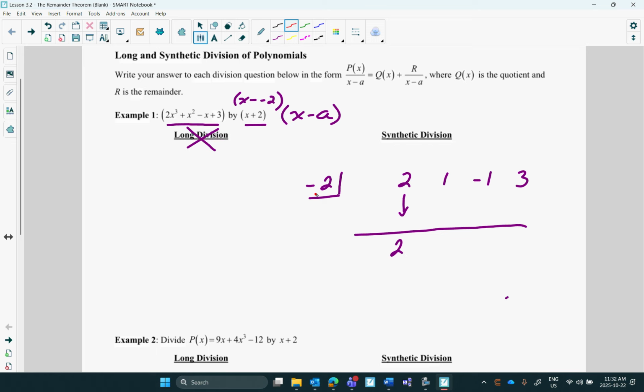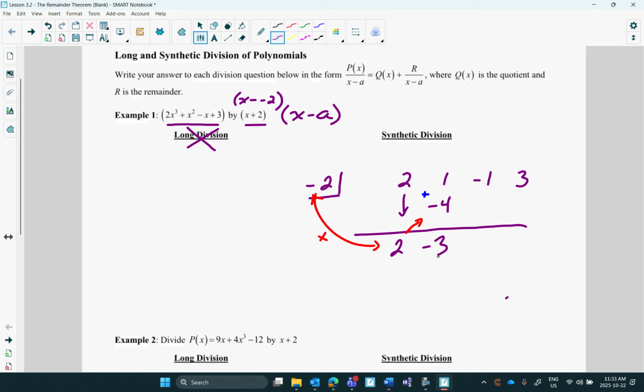Then multiply and put the answer in the next column. So -2 times 2 is -4. Add instead of subtracting, because we're actually using the opposite sign here, which is why we changed subtracting to add. 1 plus -4.